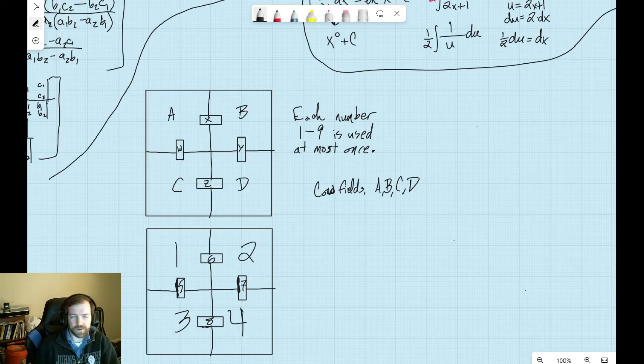Now, like I said, there is a reasonable question that should be jumping out at you. If you just rotate A, B, C, and D, it's still going to be wrong. There is no arrangement here of A, B, C, D with those values that is going to match up with the solution.